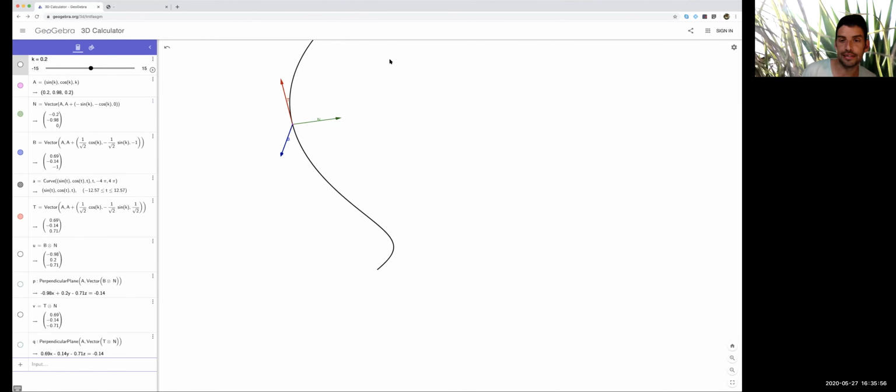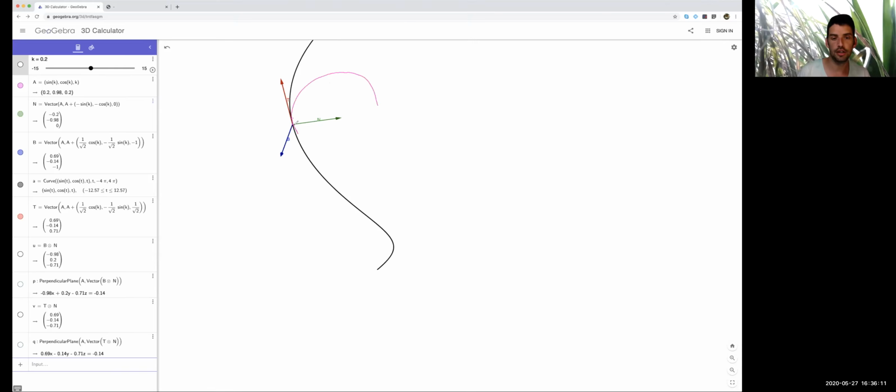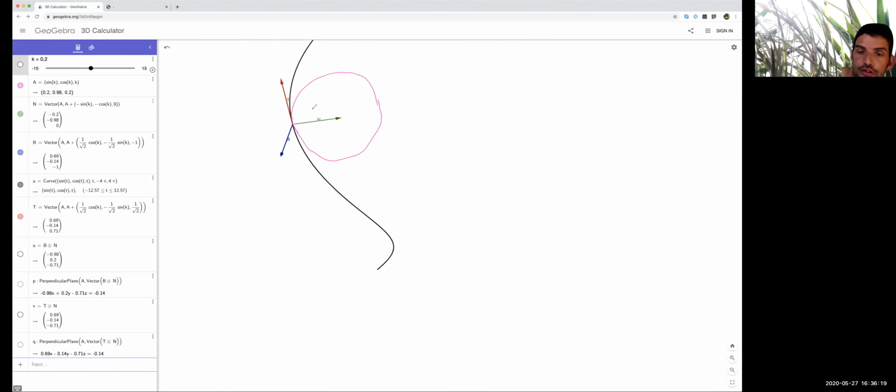One thing we can say about the curve at this point, if we can imagine in that plane drawing a circle, so I'll try to draw a circle, right, so that's a terrible circle, but pretend that's a circle. There's a particular circle that we can draw that we call the osculating circle.